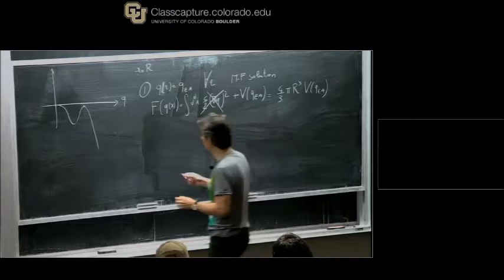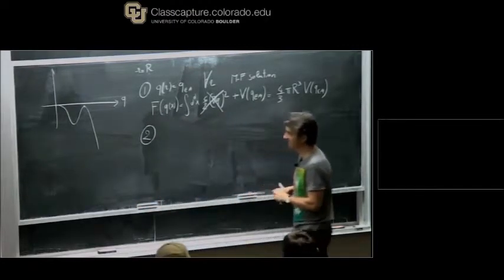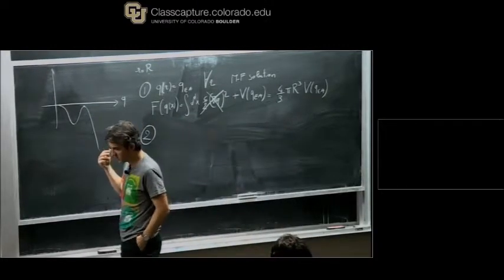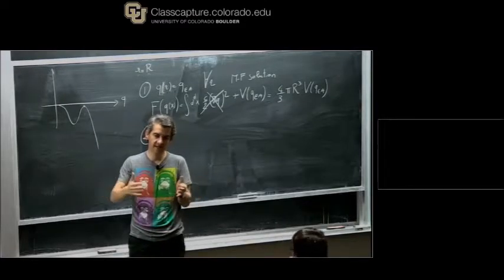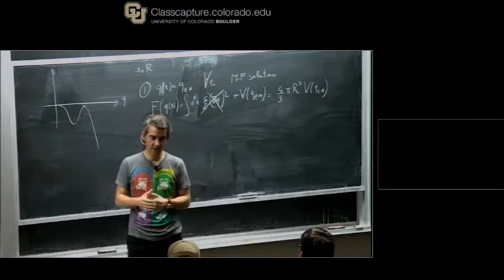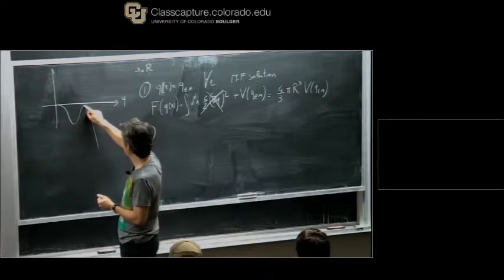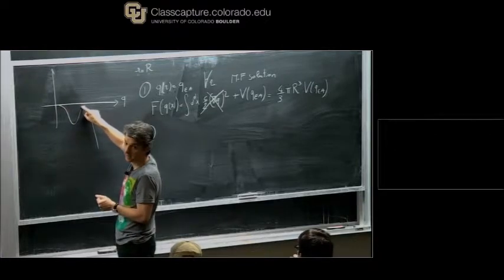Okay, so now solution number 2, which is a stupid one, and we are not going to consider it. So if I want a solution that is valid when big R is very, very large, it's like saying I have a solution that is valid on a very, very large interval of time. So one possible solution would be I start with a little bit of kinetic energy, and then I go down, I go up, and then down again, and I come back.